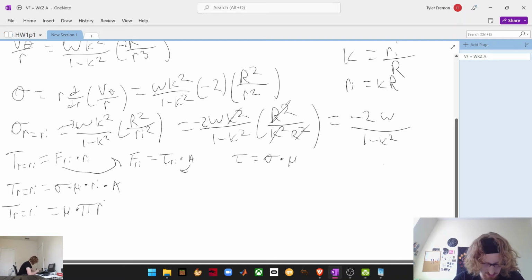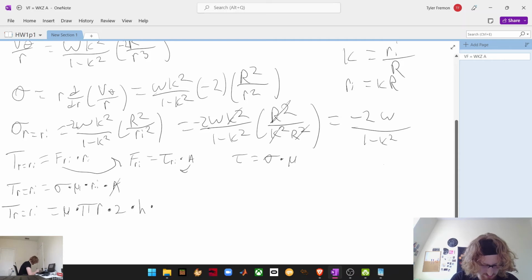So we have pi r times 2 to find the circumference, times the height. And then we have to multiply through by Ri. And then we still have sigma, but we'll come back to that in a second.